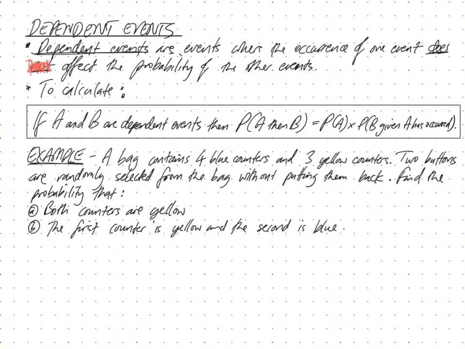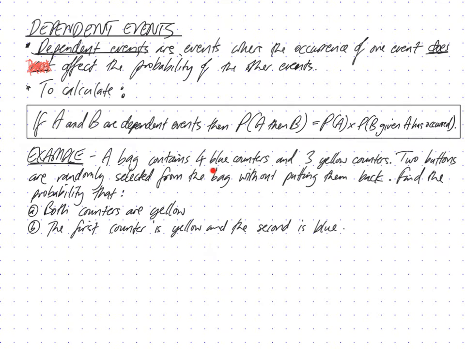So it's essentially the same formula as for independent events, but you are keeping in mind that the probability of B may change depending on what's happened in A. And hopefully this example is going to show that.